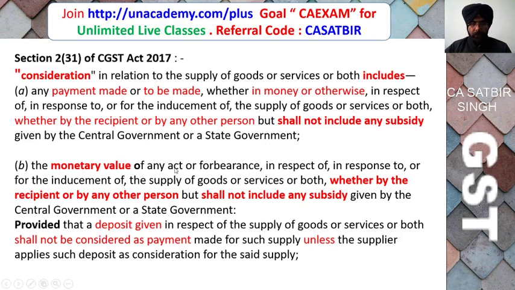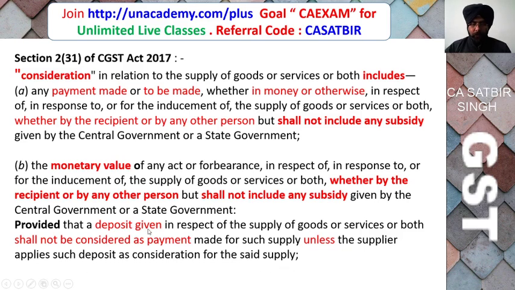It also includes the monetary value of any act or forbearance in respect of, in response to, or for the inducement of the supply of goods or service or both, whether by the recipient or by any other person, but shall not include any subsidy given by the central government or state government. Provided that a deposit given in respect of supply of goods or service or both shall not be considered as payment made for supply unless the supplier applies such deposit as consideration for the said supply.